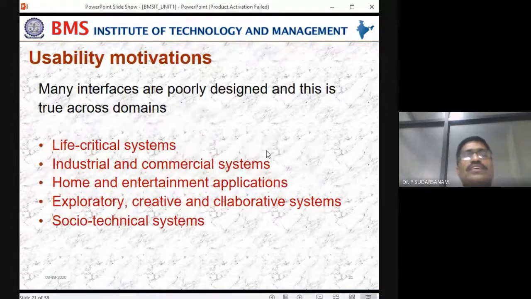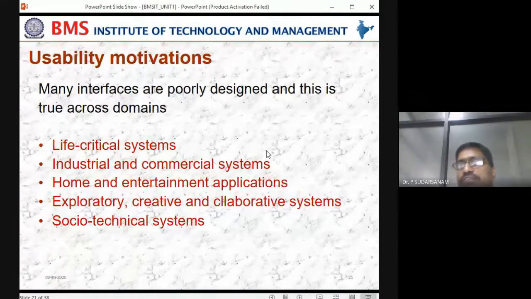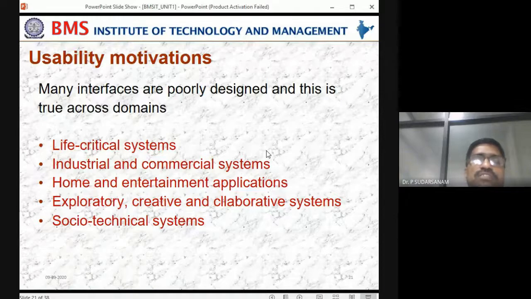Next is usability motivations. Many interfaces are poorly designed, and this is true across domains.